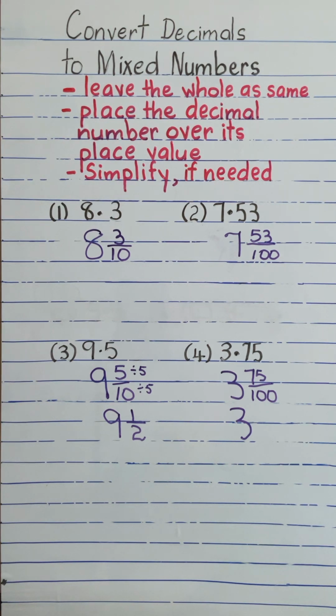So 75 and 100. The highest common factor is 25, but we can reduce it to a smaller term and then reduce it again. So instead of dividing by 25, we could divide by 5.